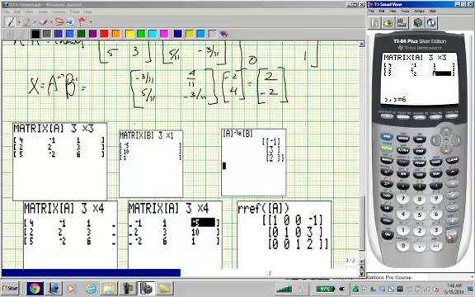Negative 1, 1, 2, 2, 3, 2, 6. Okay, now I'll make a matrix B. And this will be a 3 by 1.